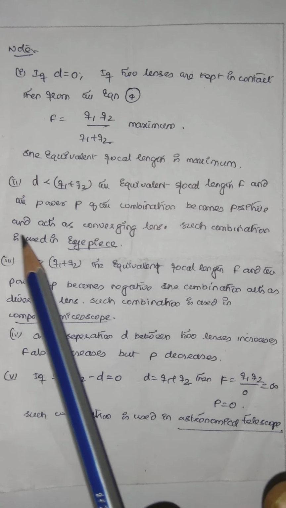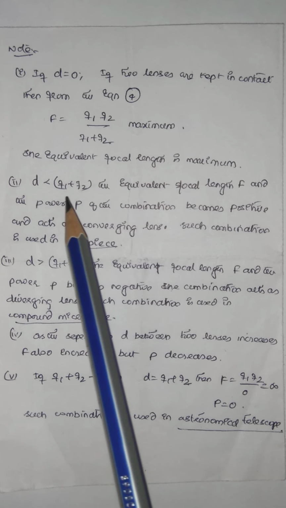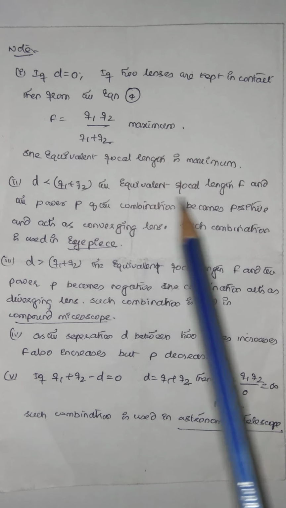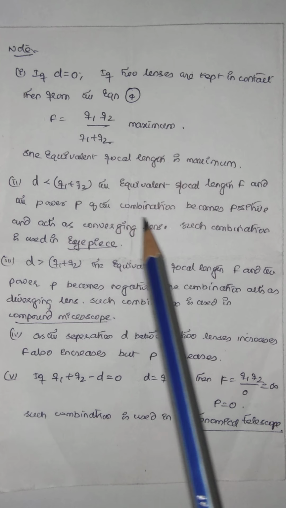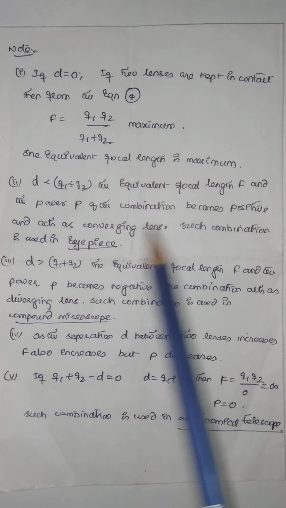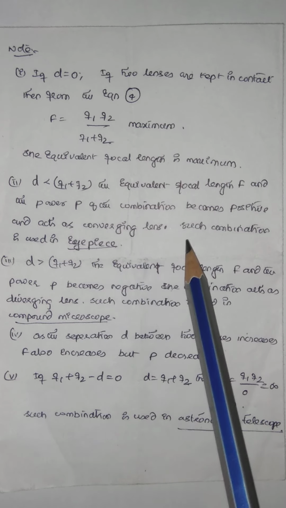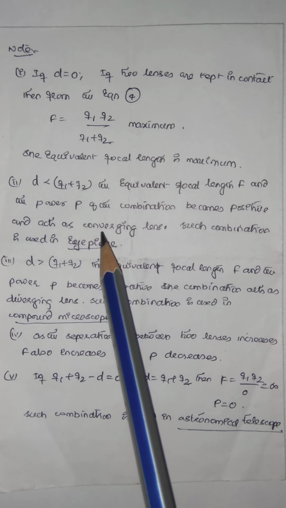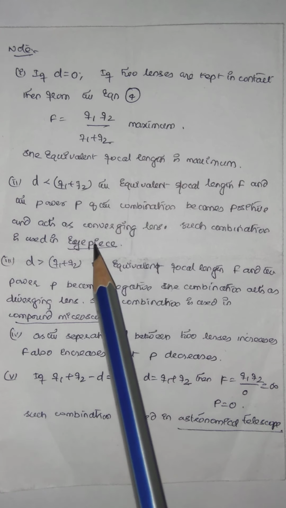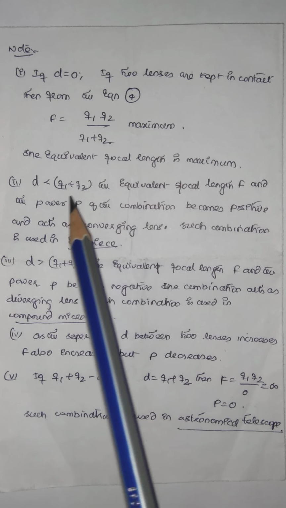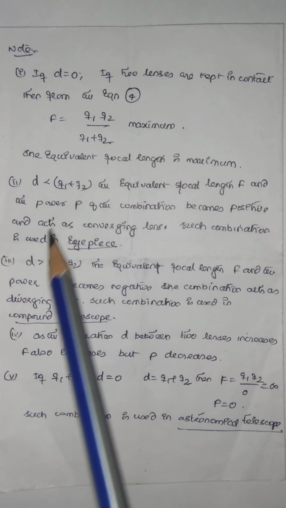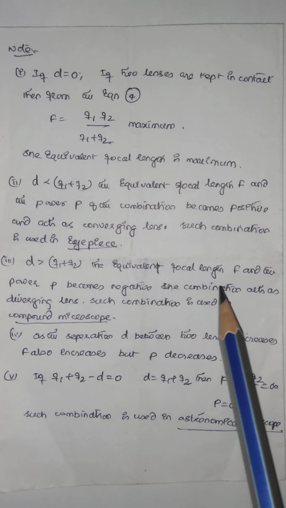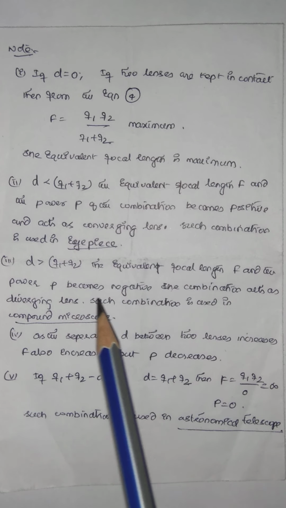The second condition is that suppose if D is less than F1 plus F2, the equivalent focal length F and the power of the combination become positive and it acts as a converging lens. Such a combination is used in eyepiece. Suppose if D is greater than F1 plus F2, the equivalent focal length F and the power become negative.